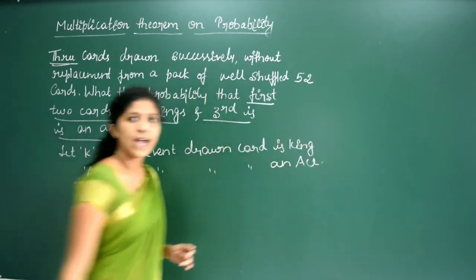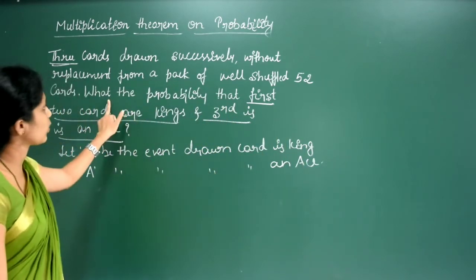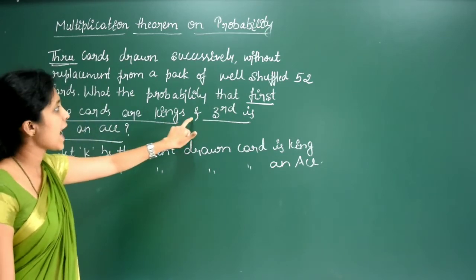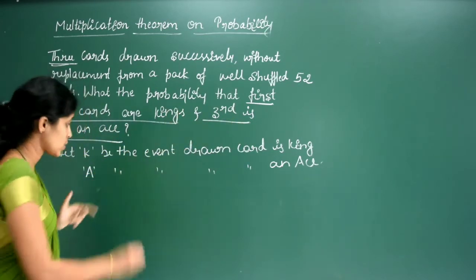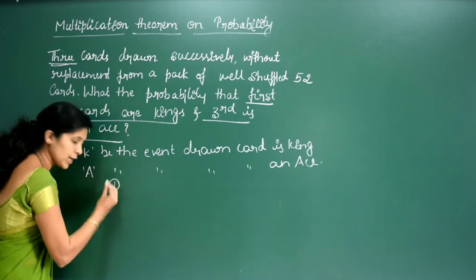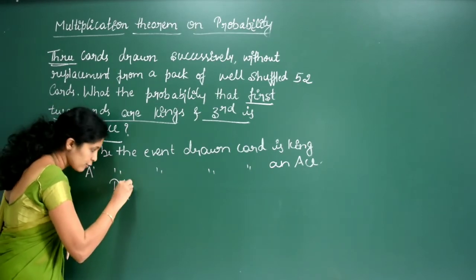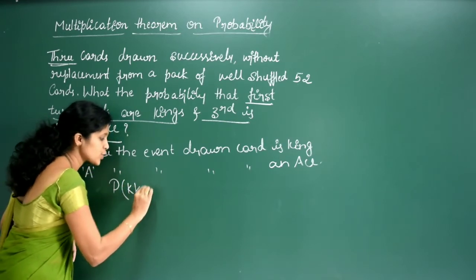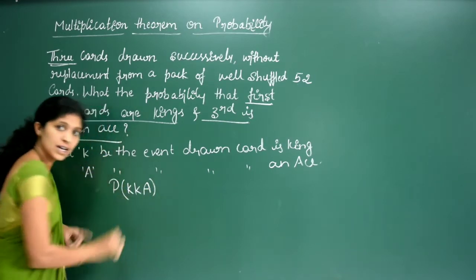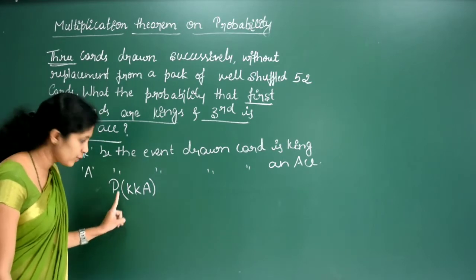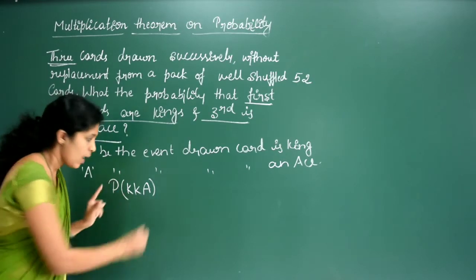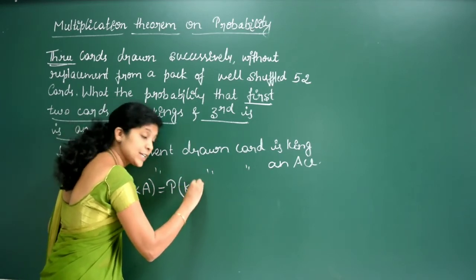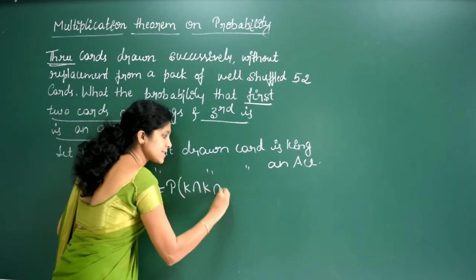We need to find the probability that the first 2 cards are kings and the third is an ace. First one king, second one king and third one ace. So we need to find the probability of K into K into A, which can also be written as the probability of K intersection K intersection A.